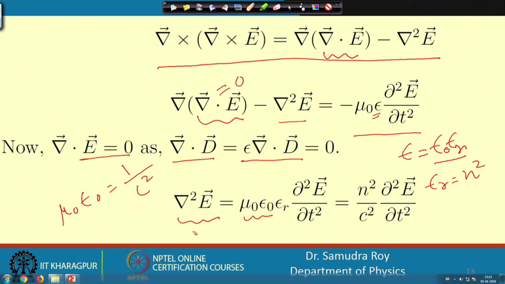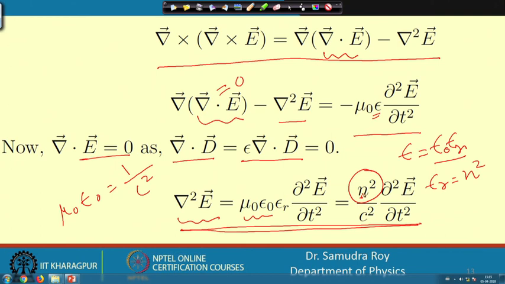So, with this we eventually find a wave equation which looks exactly the same as the previous case in the free medium, but the only difference is this n square term. This n square is coming because now the medium is not free, that means n is not 1. Since it is a medium, we should have some value of n, and that appears in our equation.